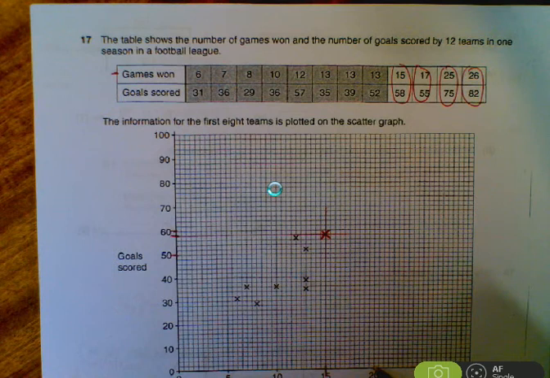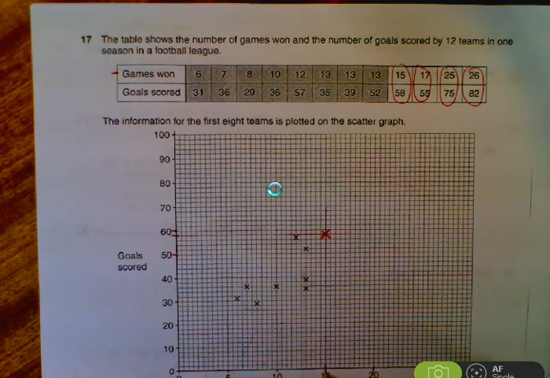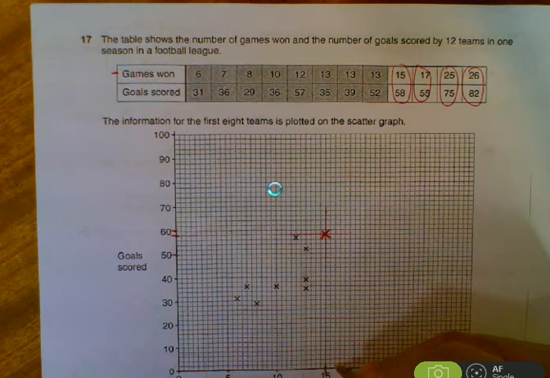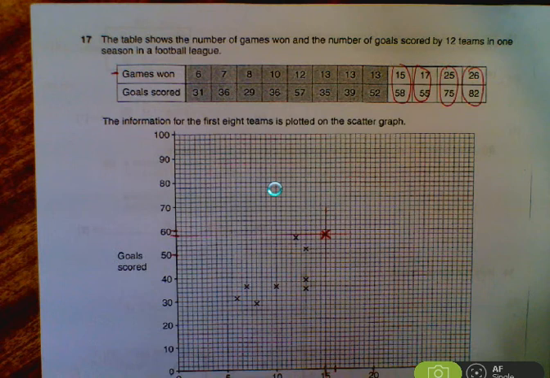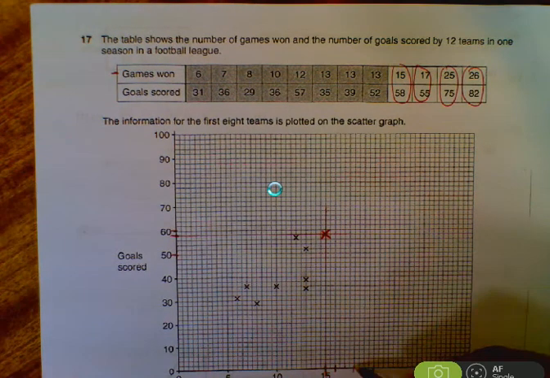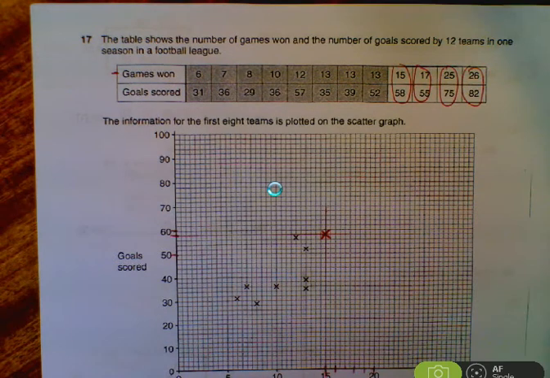So there's 15 and 20 there. So there's 10 squares that represent only 5 more games won. So each 2 squares on this axis must represent 1 game. So there's 1, 2, 3, 4, 5 between 15 and 20.